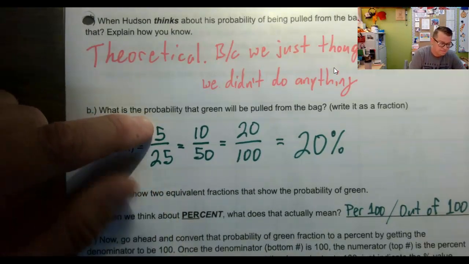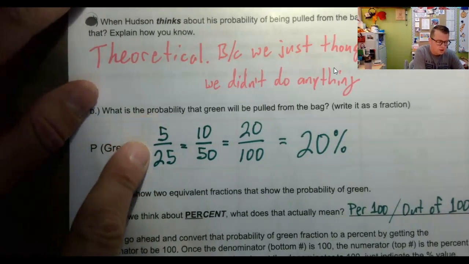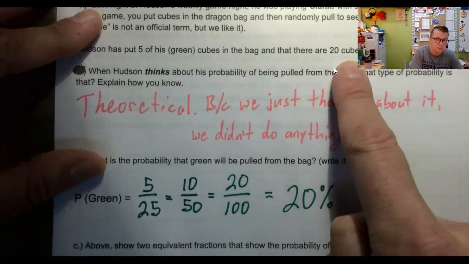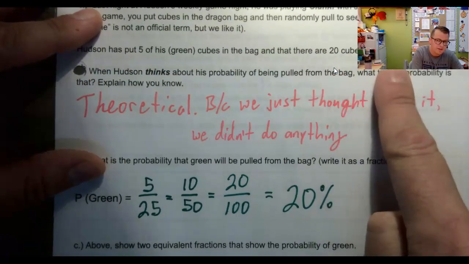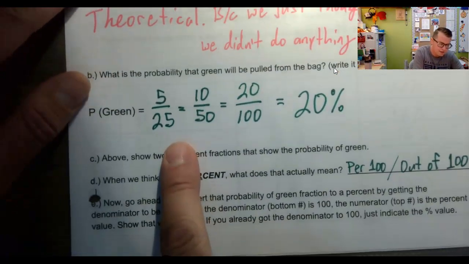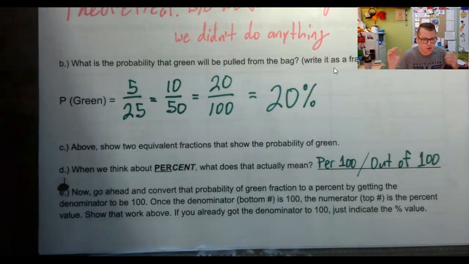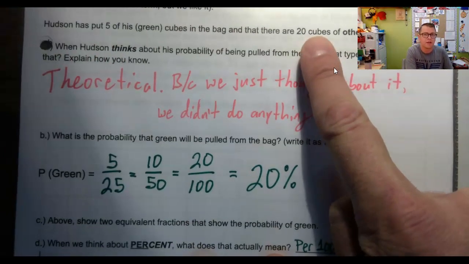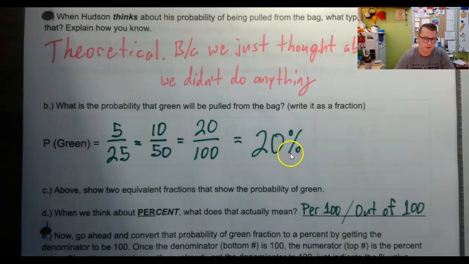Which in this case would not necessarily be quote-unquote favorable, but it is the thing we're talking about, green, over the total amount of cubes, which is the 20 other cubes plus the 5 green cubes, because these are 20 other colors. So sorry if that tripped you up, but that was one of the questions that got a lot of people. That is a trap door, guys. That 20 makes you think that's the number you're going to write down, but it's 20 other colors, so we need to actually add that with the 5.